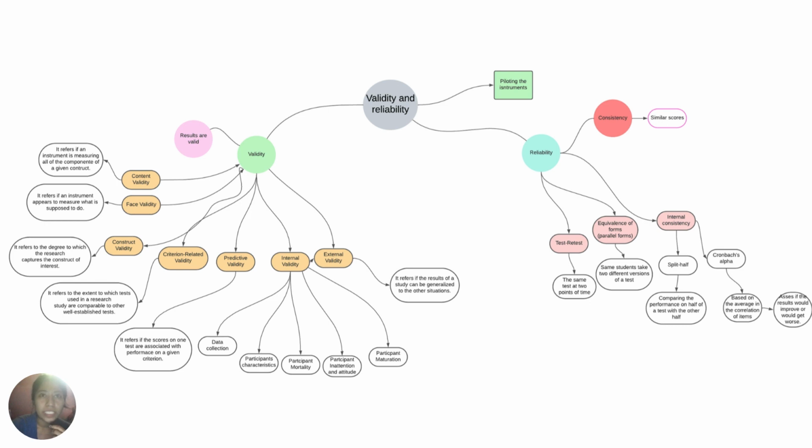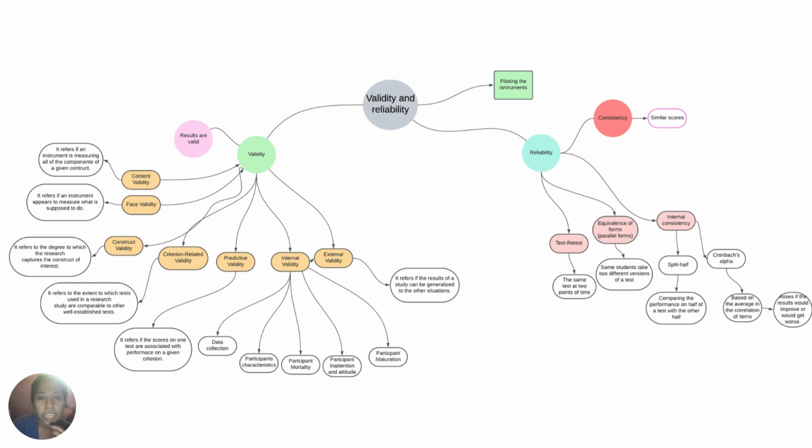The time suggested between the application of the test is 2 weeks. Equivalence of forms, also known as parallel forms: the same participants take two different versions of the instrument.